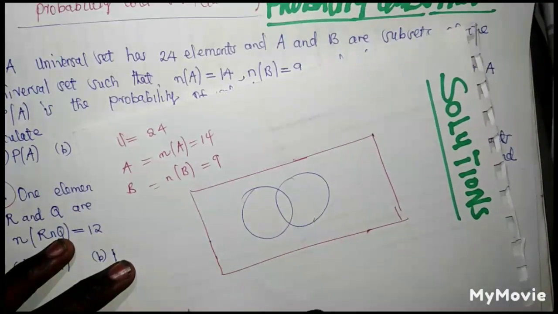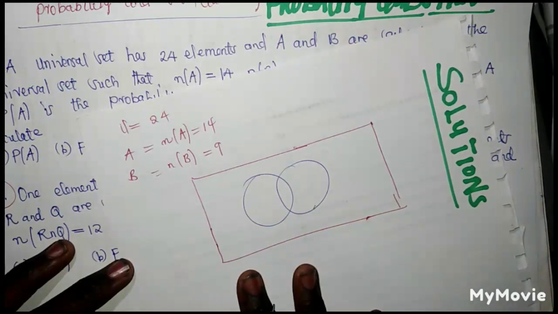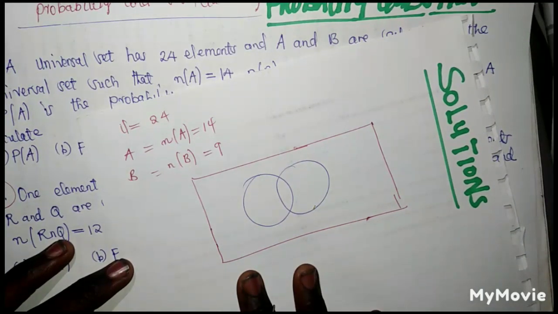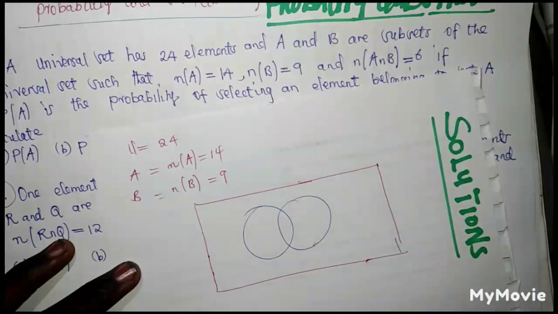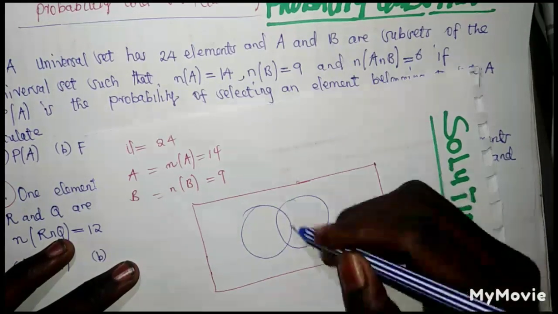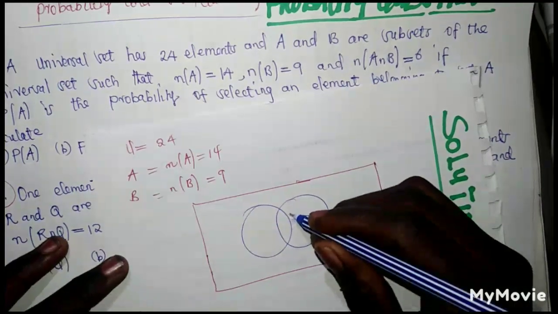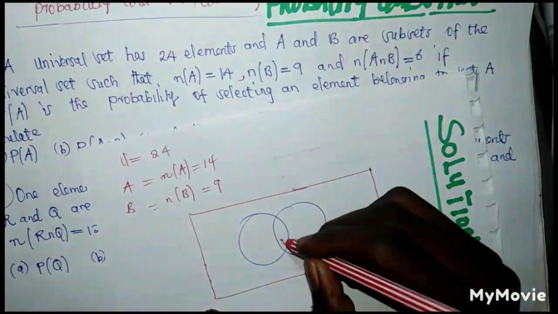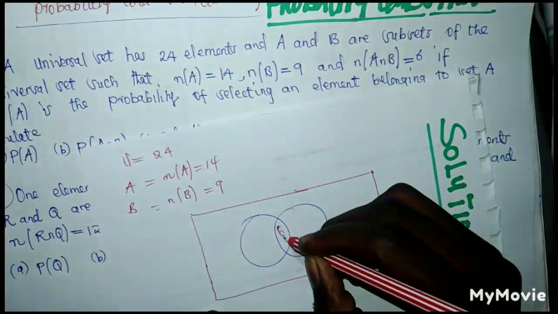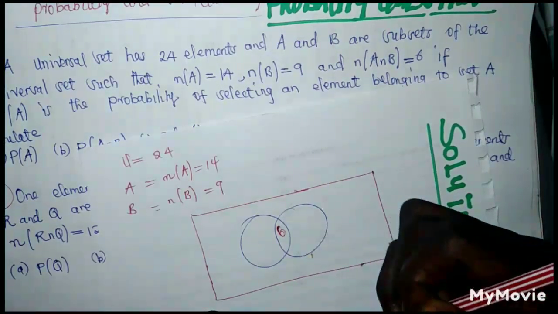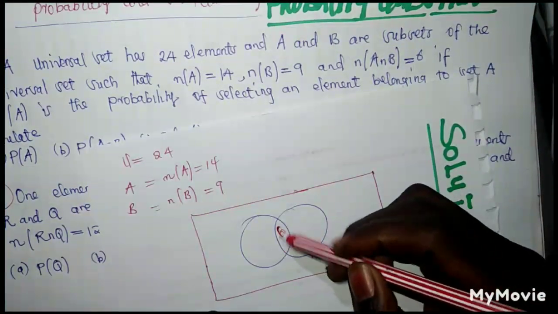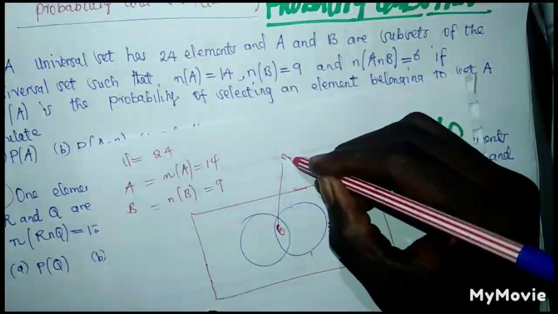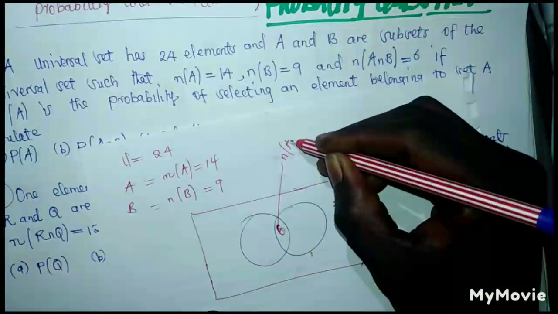The universal set has 24 elements, so we're going to represent that with our letters. Suppose we have 6 here. Say that the number of elements in A intersection B is 6.